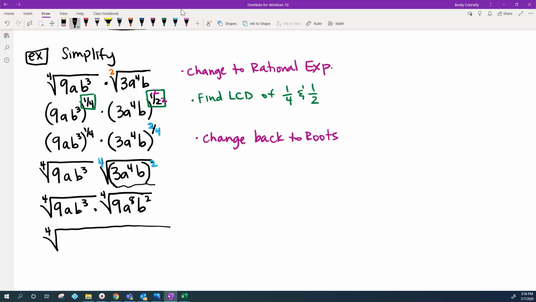So 9 breaks down to be 3 times 3, and 3 times 3, so I'm going to break that down, so 3 times 3 times 3 times 3. Then I have a to the 9th power, because I got an a to the first times an a to the 8th, so I add those exponents, so a to the 9th, and then b to the 5th.